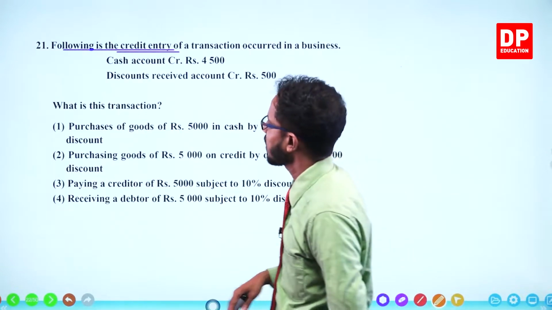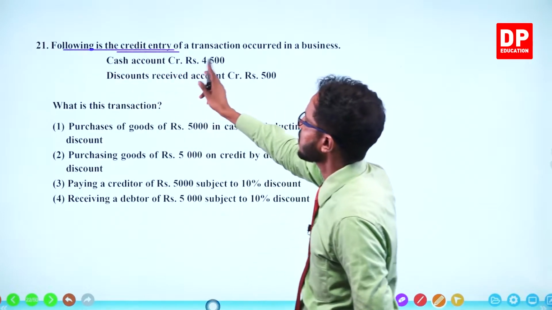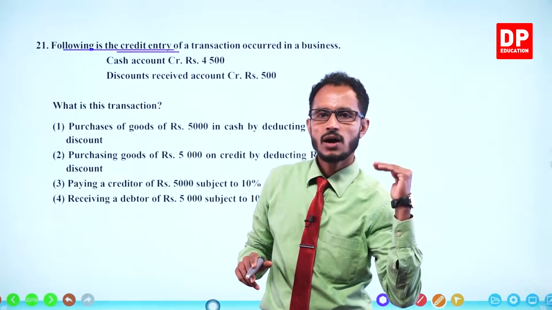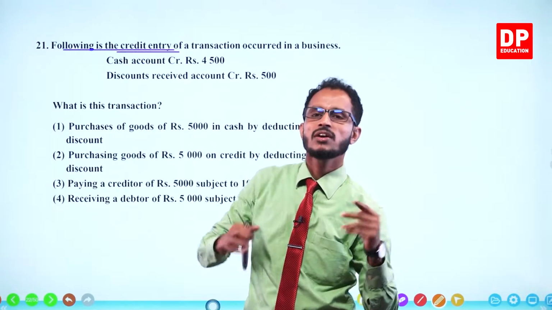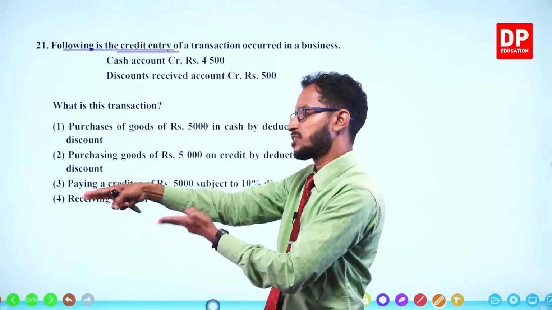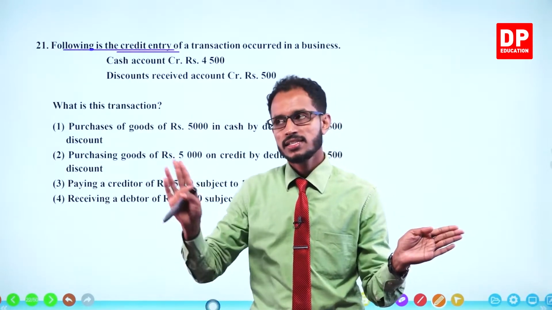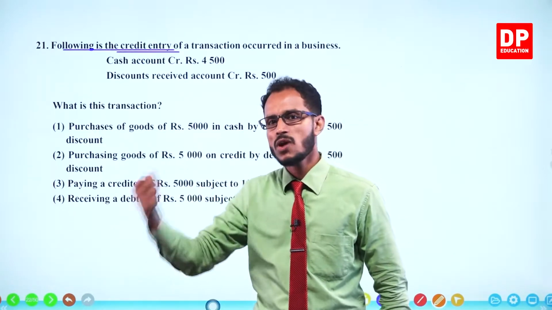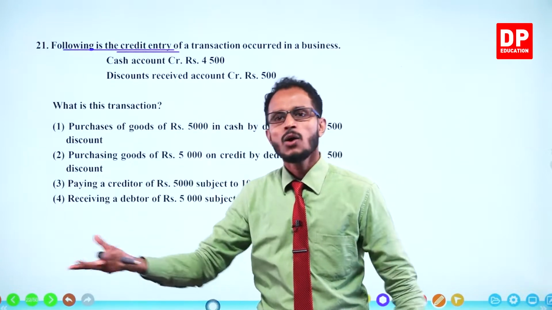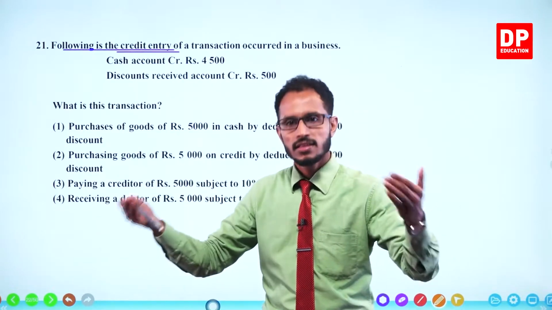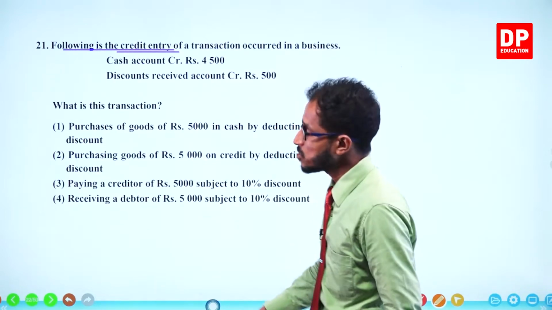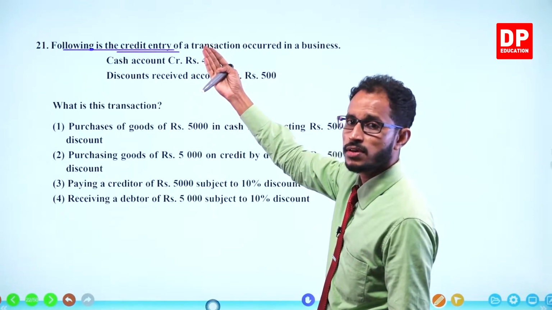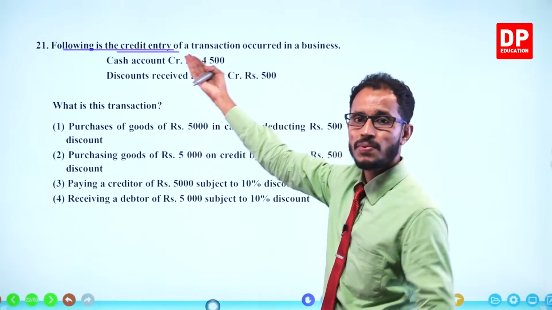If cash is credited 4,500, that means cash has gone down. When cash goes out, cash is credited. Discount received is also credited, which means we have received a discount. When we pay a creditor or a supplier, we receive discounts. So this is a cash payment of 4,500 to a supplier.